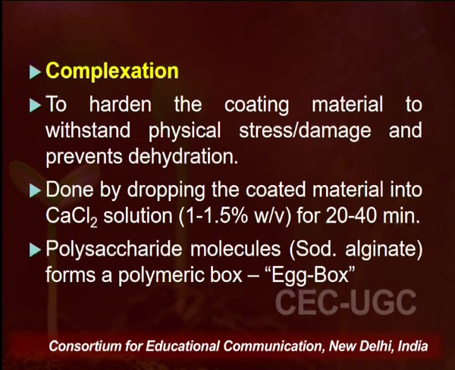Now, these encapsulated explant materials are dropped into complexing solutions such as calcium chloride. We have coated the explant material with sodium alginate and we have dropped that encapsulated material into the calcium chloride solution. This will allow the exchange of monovalent sodium ions by divalent calcium ions.